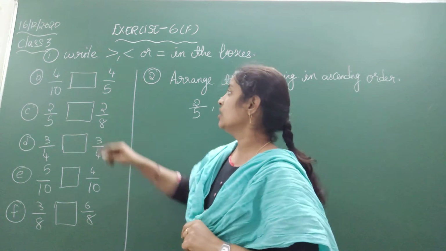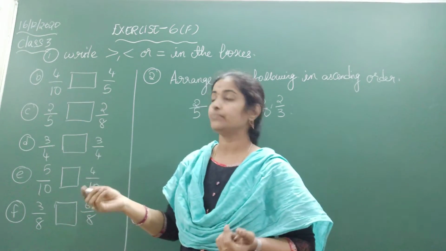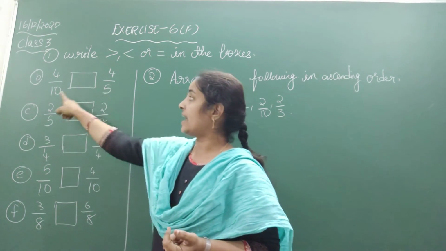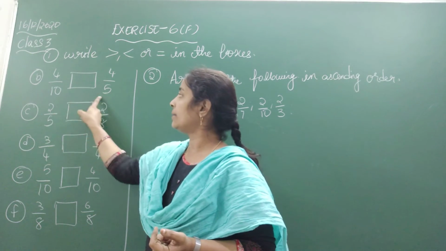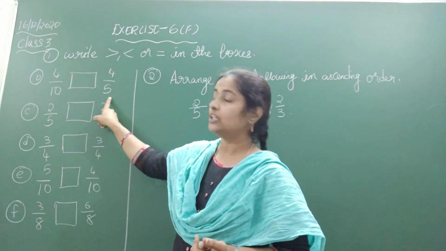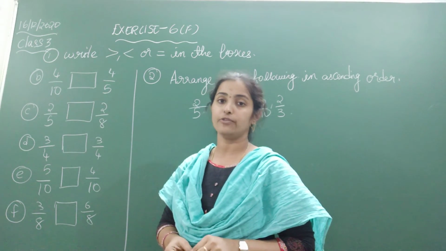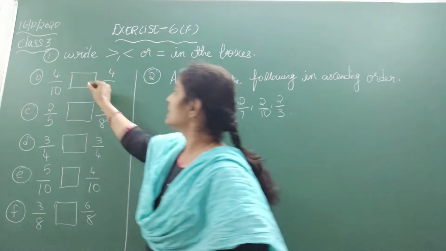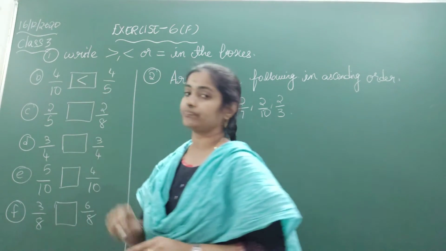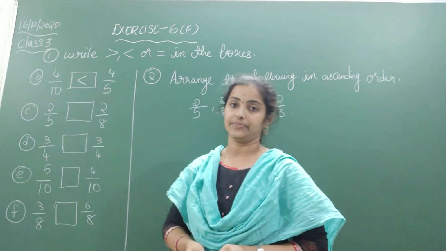Between 5 and 10, 5 is the smaller denominator. So 4 by 5 is greater than 4 upon 10.